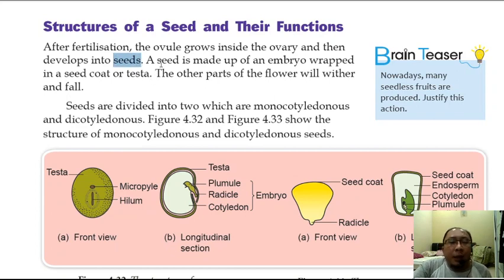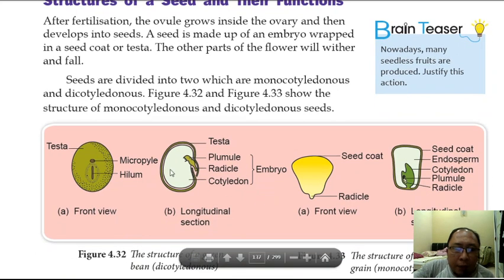Inside a seed is an embryo wrapped in a seed coat, or we call it the testa. The other parts of the flower will wither and fall. The seed develops after the fertilization process, and the structure of the seed and its function is given here.